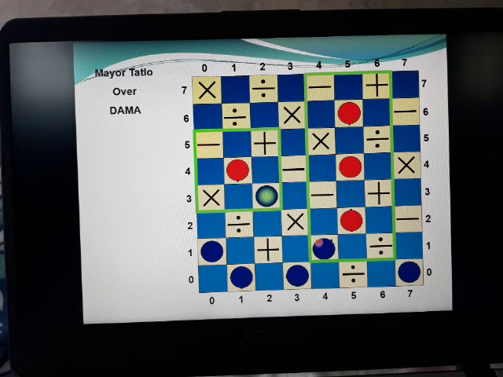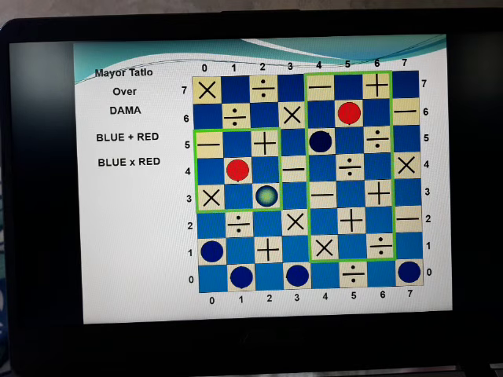Here, a regular blue chip takes three red chips compared to a Dhamma that takes only one red chip. So blue plus red, then blue times red, and blue plus.